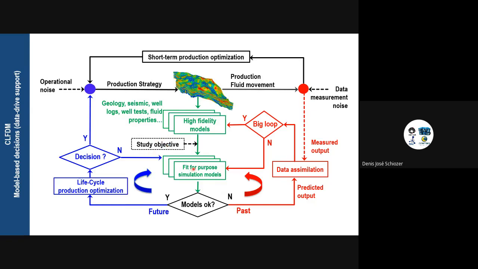For example, if we want to forecast production, we have to build models that are as good as possible to forecast production. Even if the models are not so high fidelity, we can forecast production with accuracy using these fit-for-purpose models. And as we have an error from these models, of course, sometimes the errors are as big in this model as in this model.